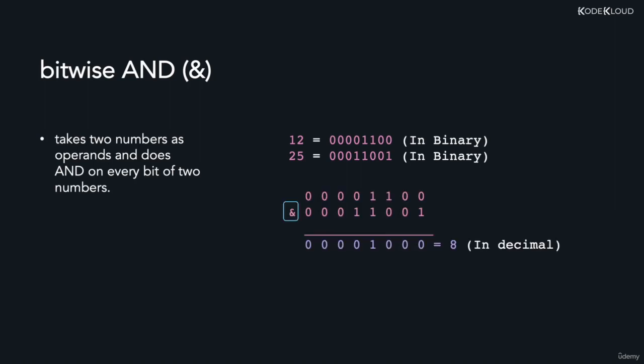If we perform the AND operation here, we see that we get the resultant bit as 1 when the corresponding bits of both operands are 1, while we get 0 when either one of the operand bits is 0. So the result we get over here is 8 in the decimal number system.